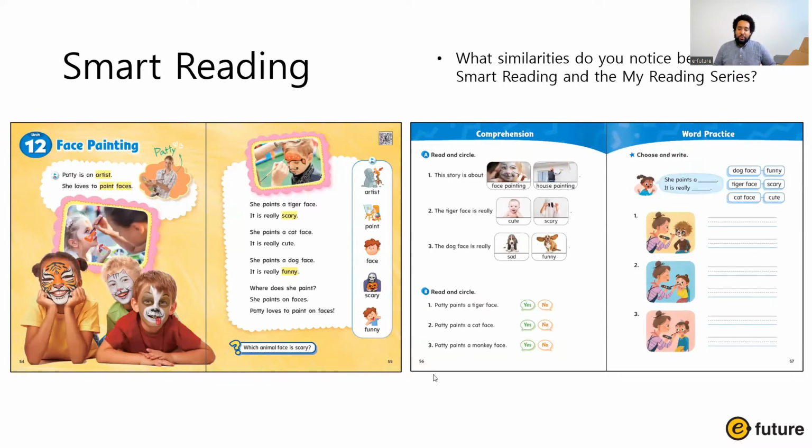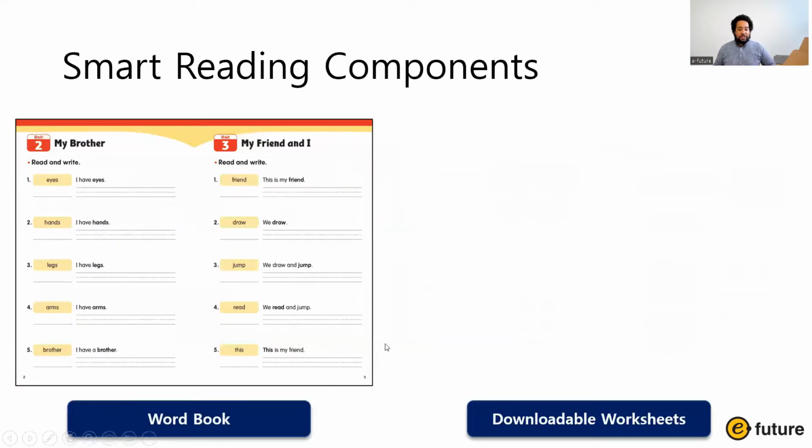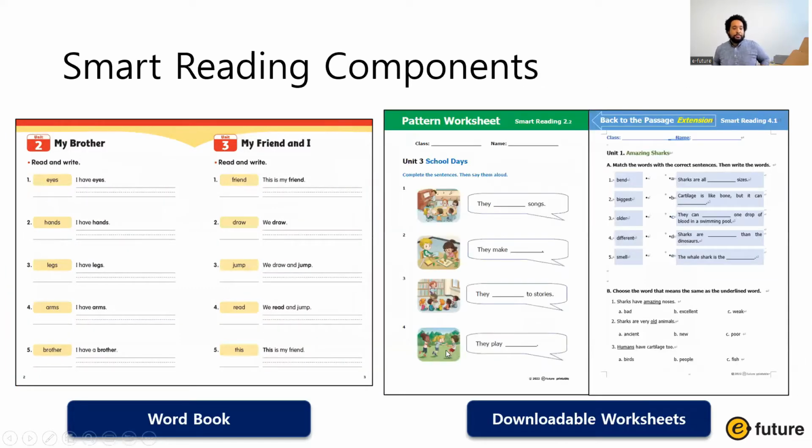Now with the Smart Reading series, we also have an additional word book. So there is additional vocabulary practice in a book itself. And it's separate from the workbook, but it is included with all of it as a component.